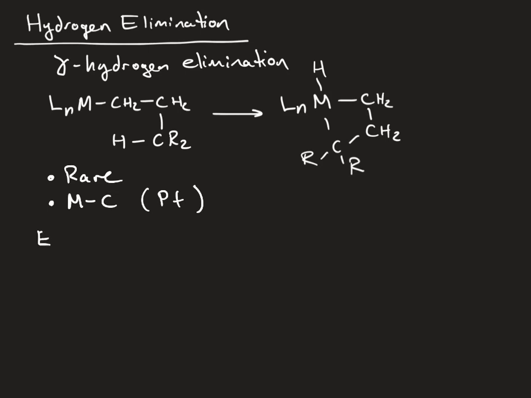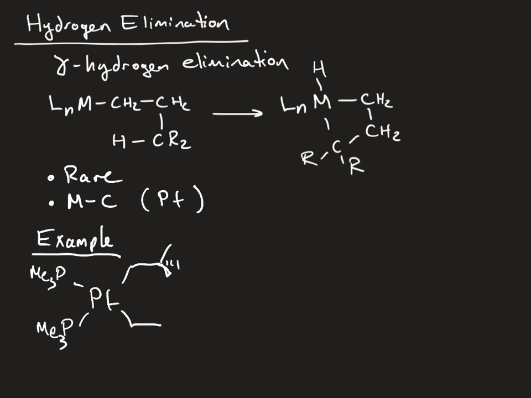As an example, which undergoes a gamma hydrogen elimination from one of the methyl groups on the tert-butyl rings.